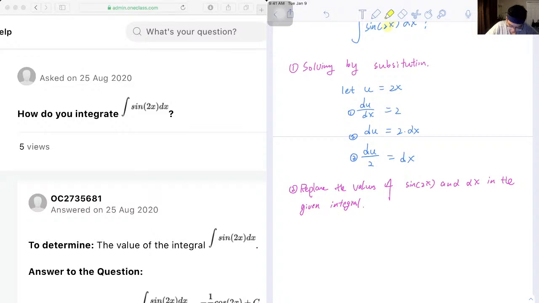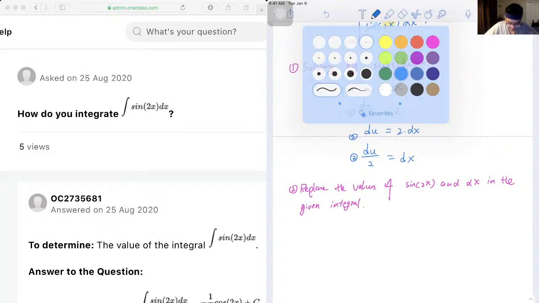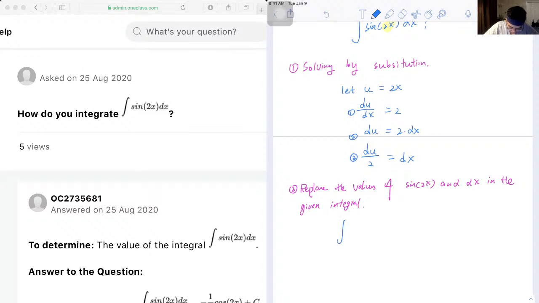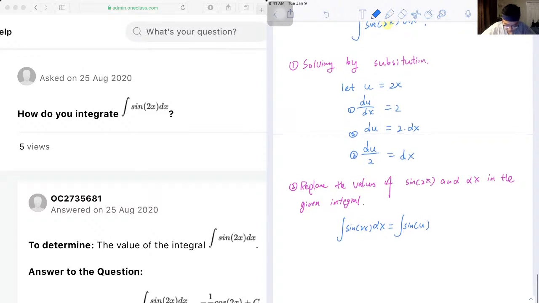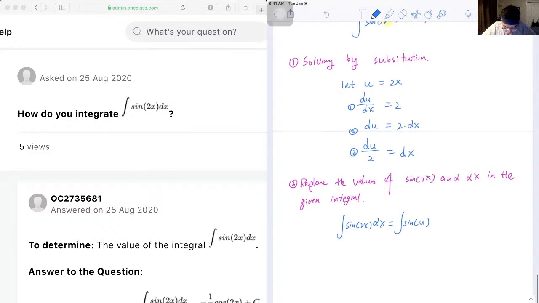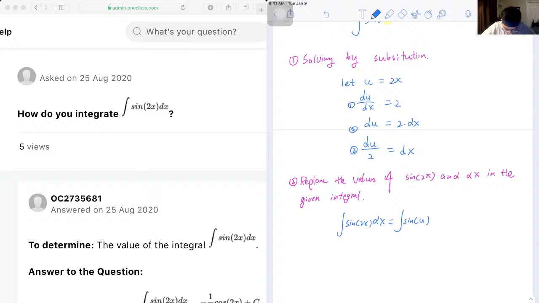So we will have integral sine 2x dx is equal to sine, instead of writing 2x, we write u. And we also know that dx is equal to du over 2. So that's going to be times du over 2.